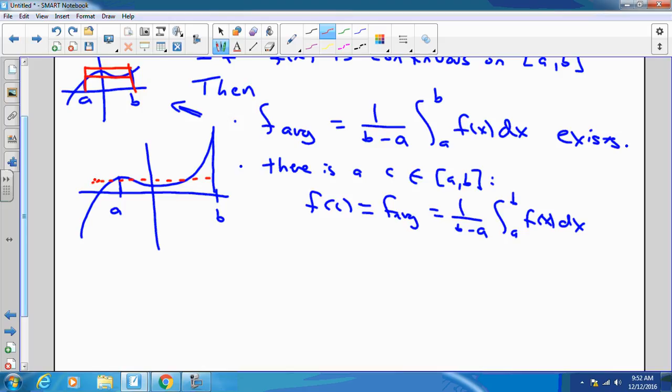And the idea behind the average value is that it is going to split the curve into two different portions. And those two different portions are going to be such that the area underneath the average value is exactly equal to the area under the curve. In other words, any error that I have here will be compensated for by error here. So you can see I drew my average value a little bit too low in this case. I need to move it up so that the green here is matched by the green there.